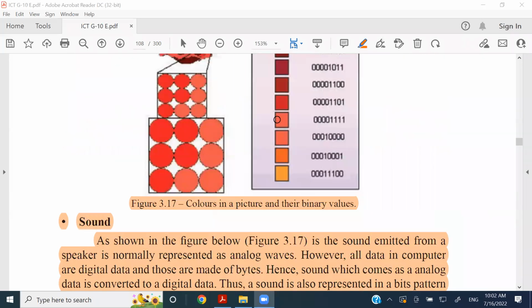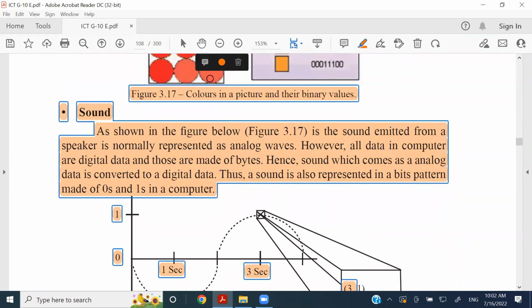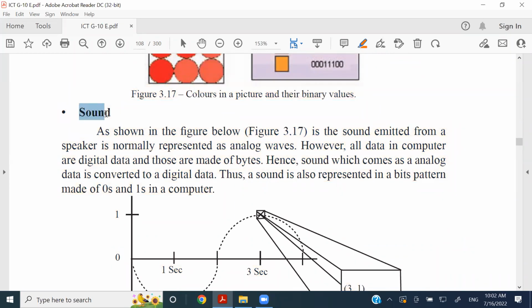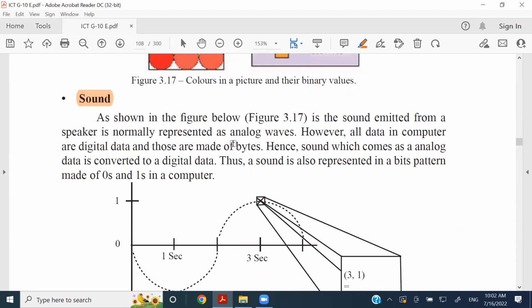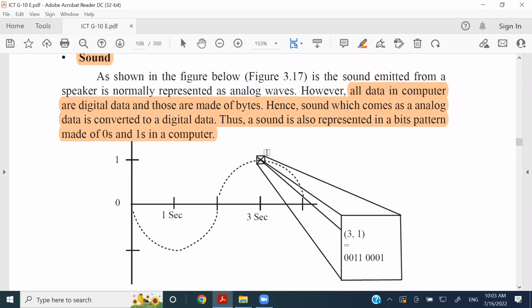Regarding the next one, we are going to write about sound. Under that, you have to write this particular thing, as well as draw this diagram.